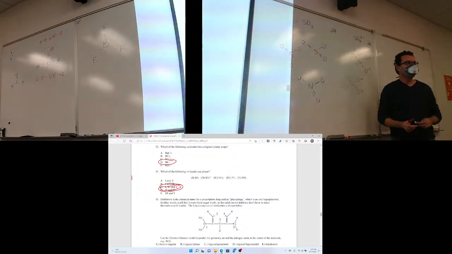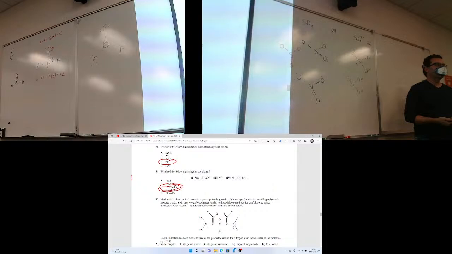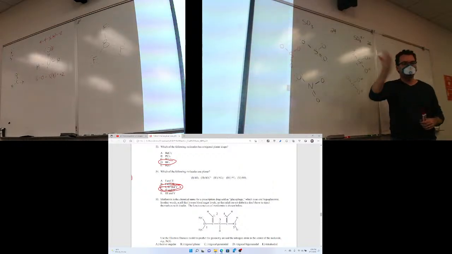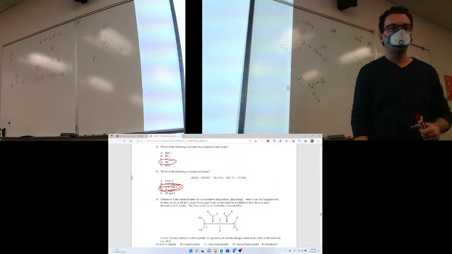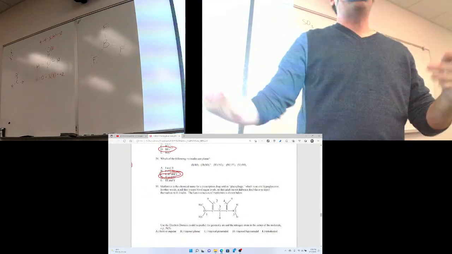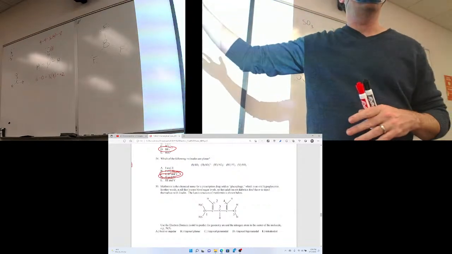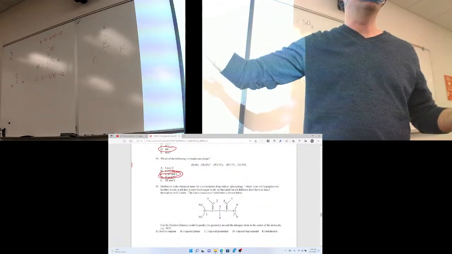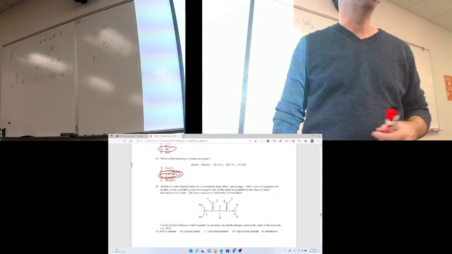So when it means planar, there's nothing sticking out in the 3D picture. Planar is just flat, two-dimensional. It's not my favorite question, in the sense that the word planar is more of a geometry term than a chemistry term.